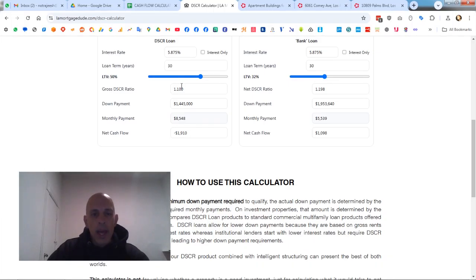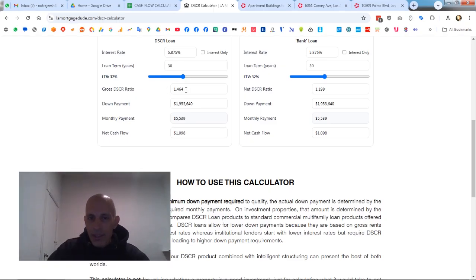And you can do that pretty simply by just buying down the interest rate. As a result, you get a lower interest rate, and over here, you get the same cash flow. So same interest rate, different DSCR ratios, but your down payment is the same, your monthly payment is the same, and your net cash flow is the same.